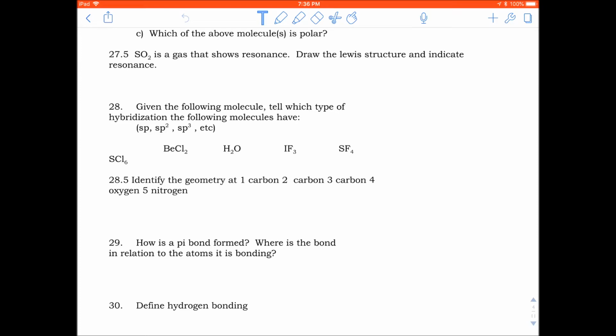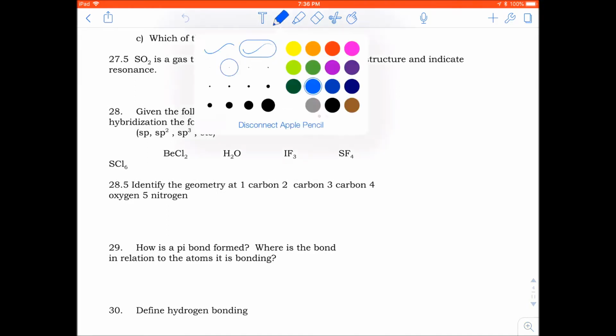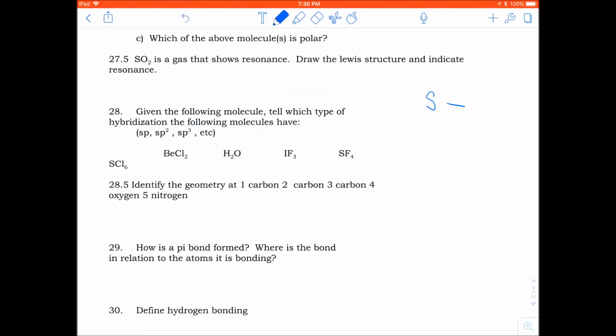Sulfur dioxide is a gas that shows resonance. Resonance simply means that a double bond will shift from one part of the element to another. For instance, sulfur dioxide: sulfur is going to have 6 electrons.